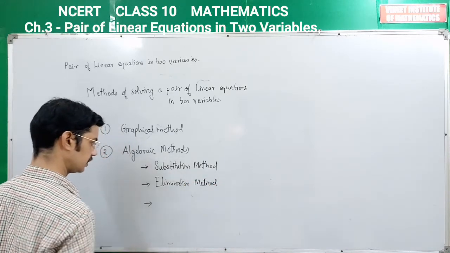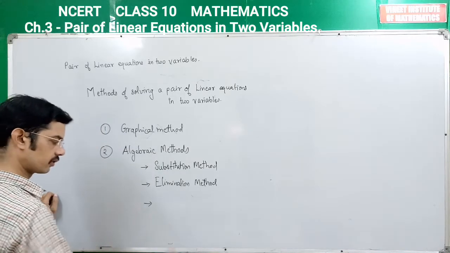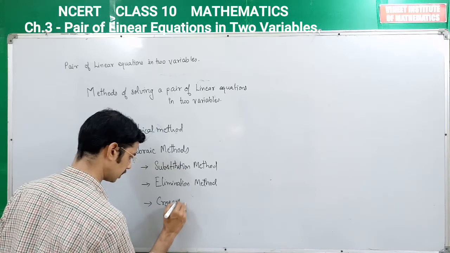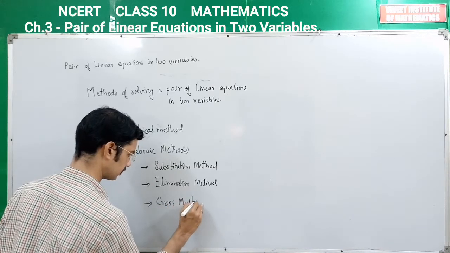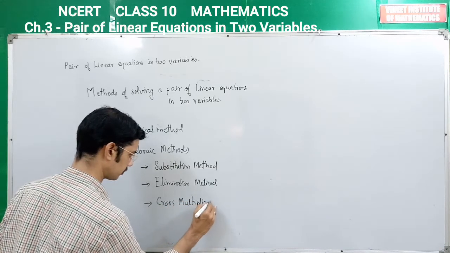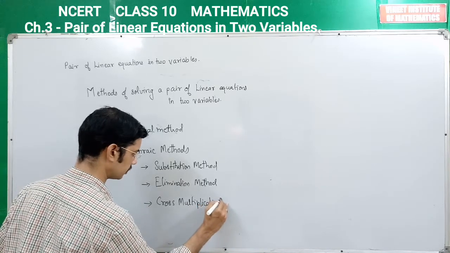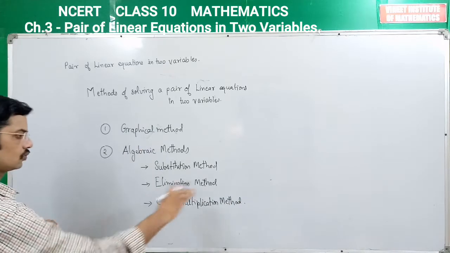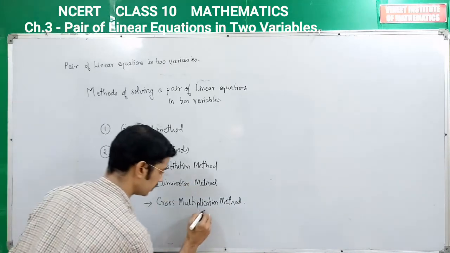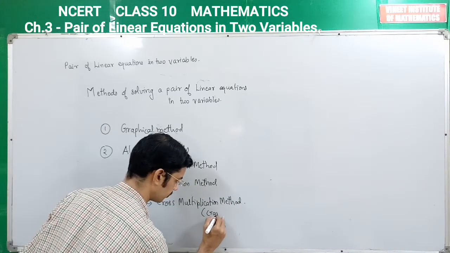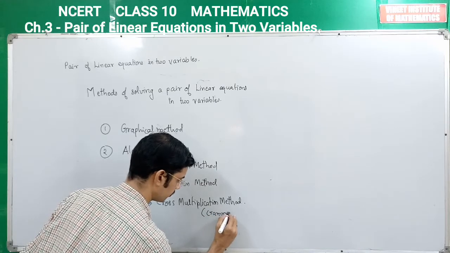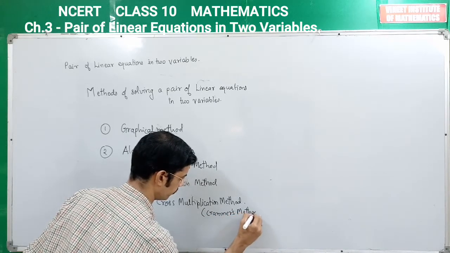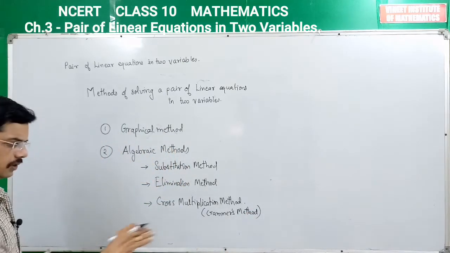And the third method is called the method of cross multiplication, or cross multiplication method. It is also known as Cramer's method. Okay, just for your information.